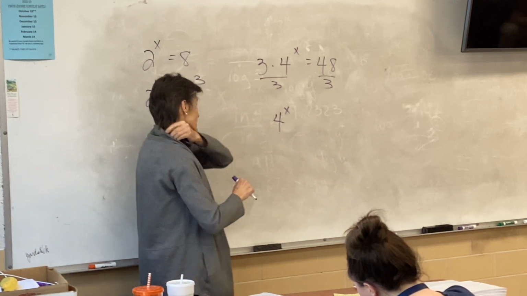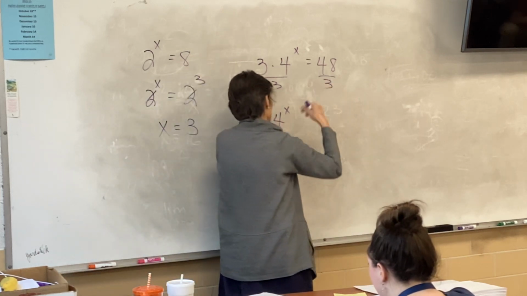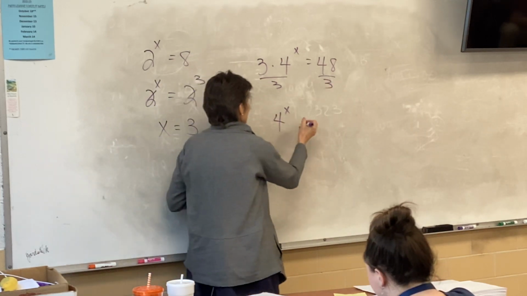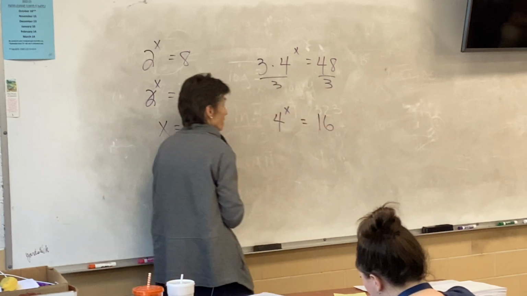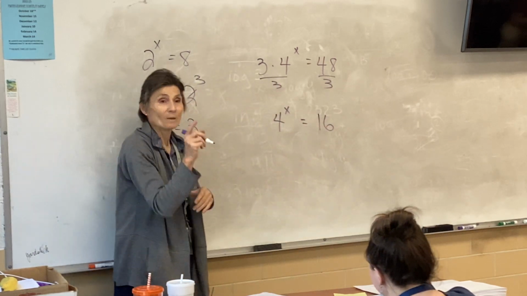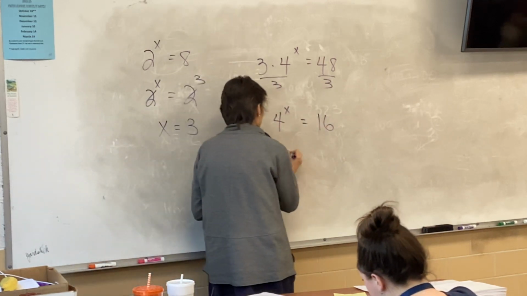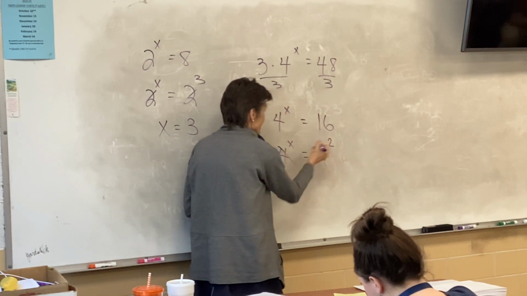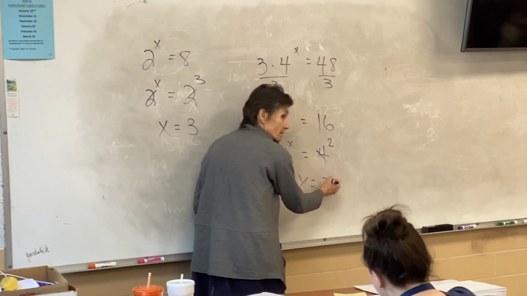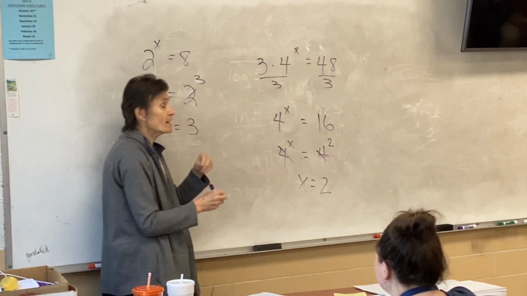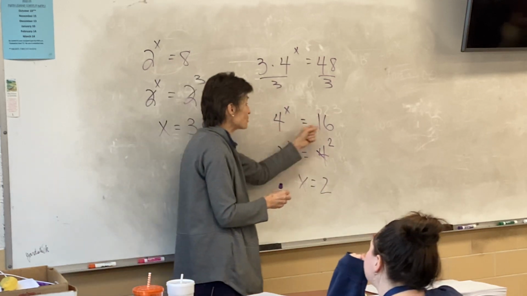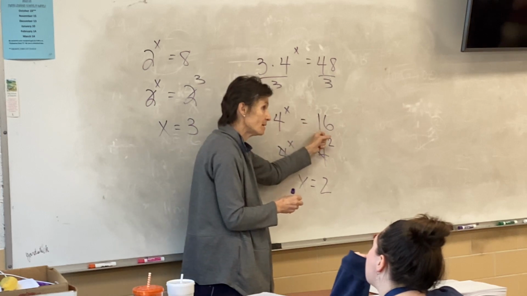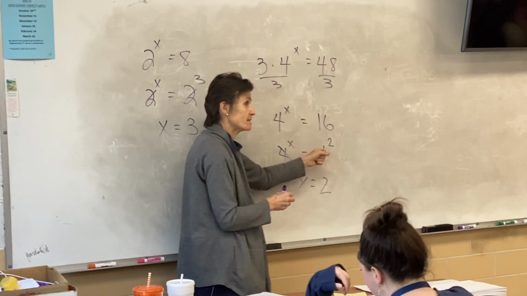And then, what's 48 divided by 3? 16. Which is 4 squared. So 4 to the x equals 4 squared, which means x equals 2. As soon as you can make these two numbers the same, then you just set your exponents equal to each other.